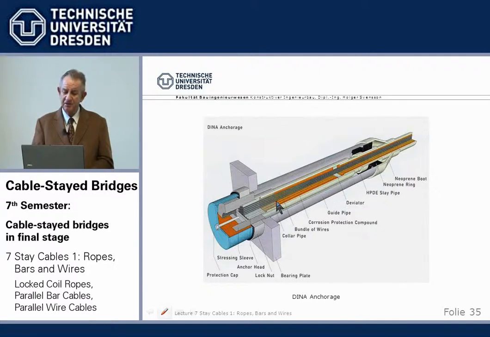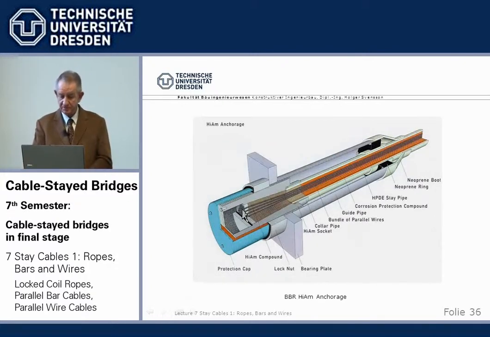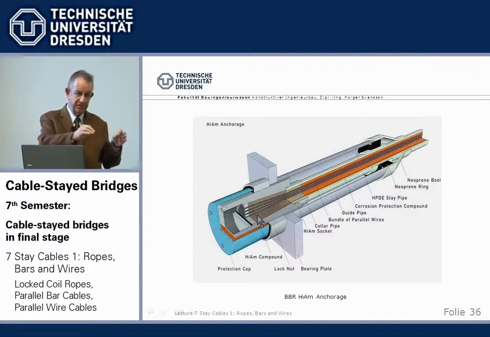It's basically the wires. They have this button head and anchored here in a plate, in a keeper plate, retainer plate. Later on, the development for bigger cables was how to develop a cold casting material. You remember I told you the disadvantages of the hot casting for the lock coil ropes, changing the structure, low fatigue strength.